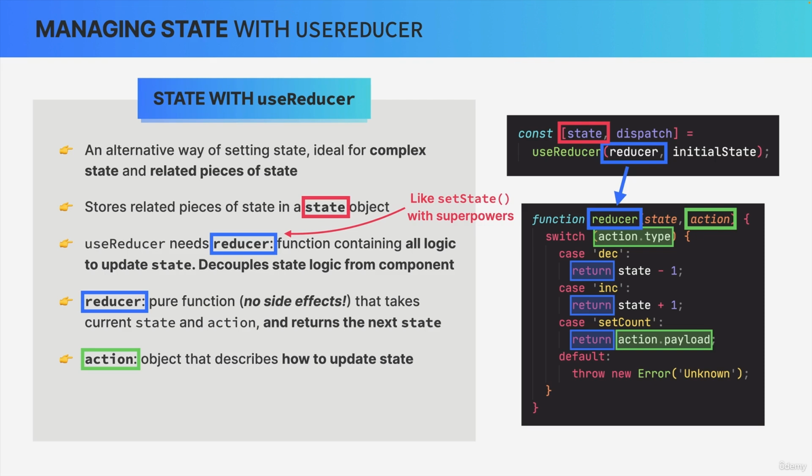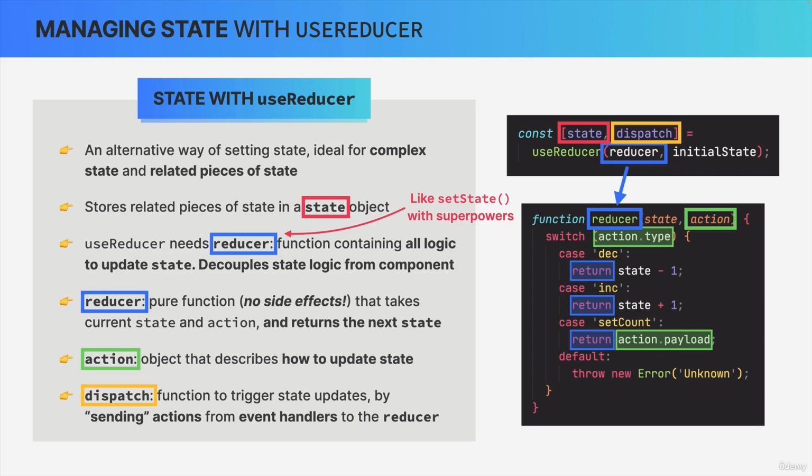And now the final piece of the puzzle is this. How do we actually trigger a state update? Well, that's where the dispatch function comes into play. So useReducer will return a so-called dispatch function, which is a function that we can use to trigger state updates.